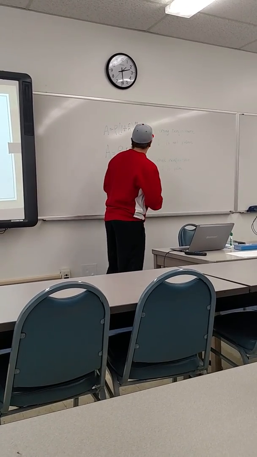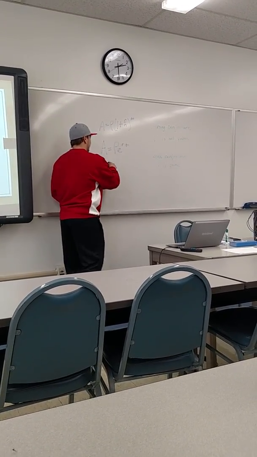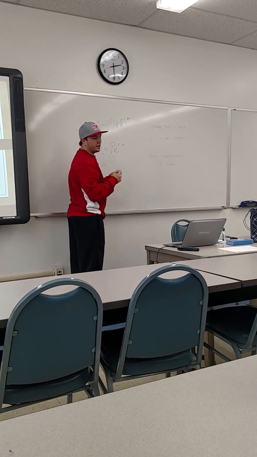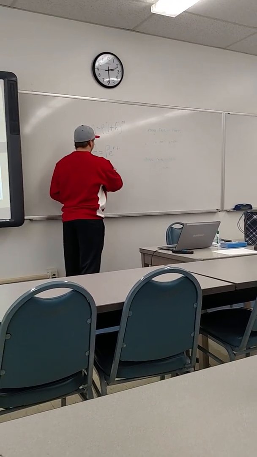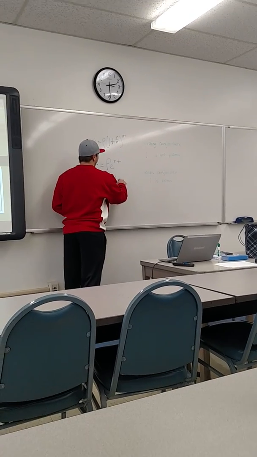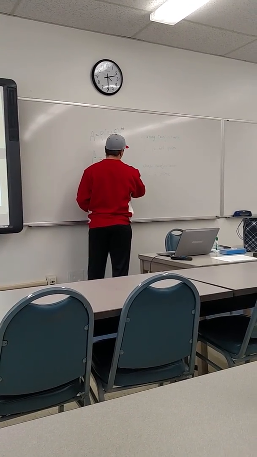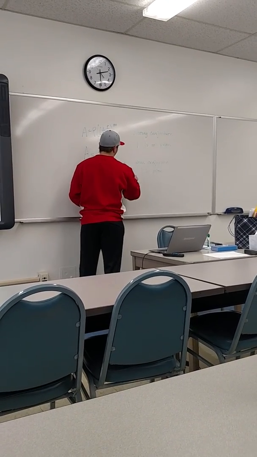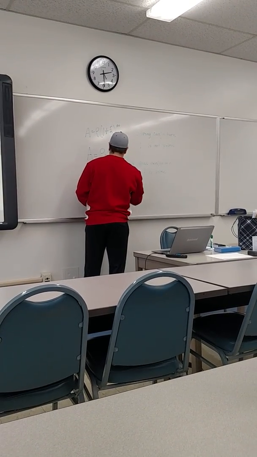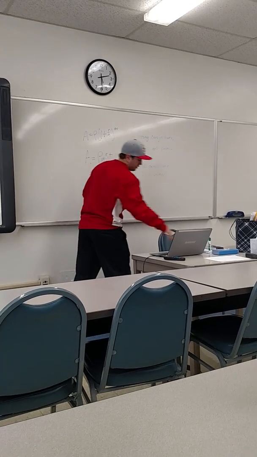So let's say we start with $1,000, our first $1,000 we make as a teacher, and we put it in an investment and get, let's say, 8% interest. So we use 0.08, and we're going to leave it there for 25 years.